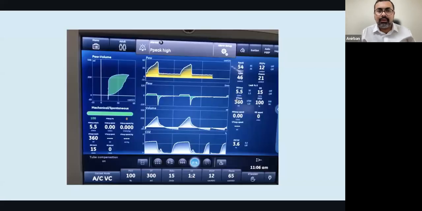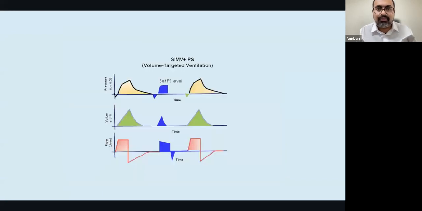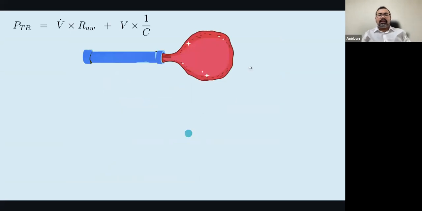Coming to the most important aspect of your ventilator waveform analysis, we are going to discuss it next. SIMV, like we already said, has mandatory breaths with interspersed spontaneous breaths. We have to understand the concept of airway pressure.